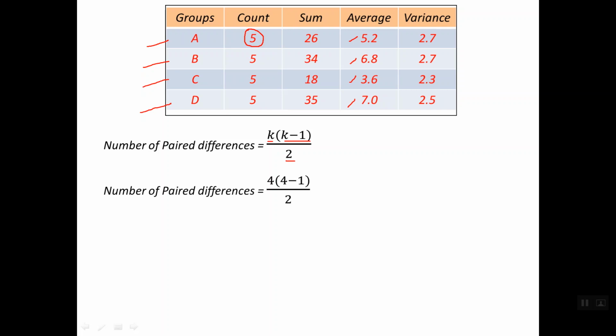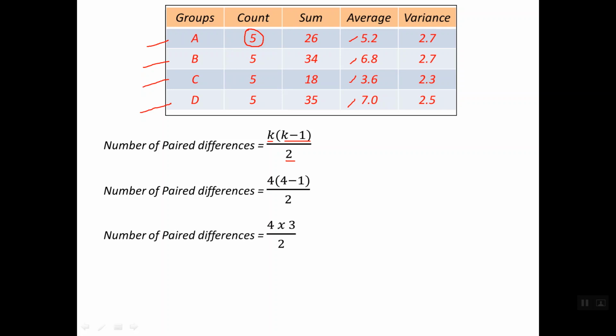So we have four groups. So if we substitute in the formula, we get the number of paired differences, which is equal to 4 times (4 minus 1), all divided by 2.